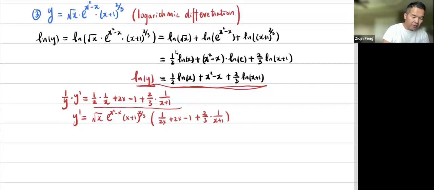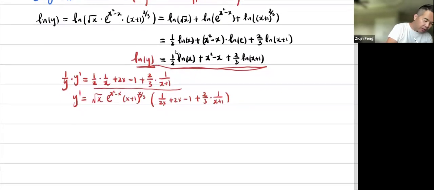Now let's see one more example, example 4 here. We have another kind of complicated function, which is this, right?